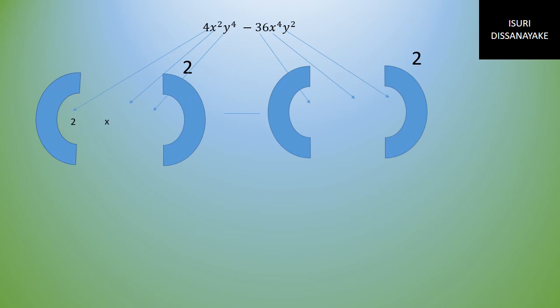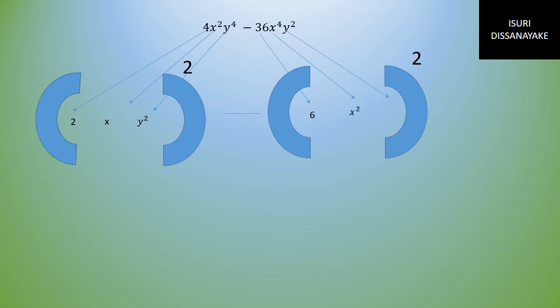So here I have 2xy squared. You can see it's y to the power 4. Out of power 4 I will put power 2 in. So 2 times 2 you will get this power 4. We know in indices you multiply the power within the bracket and the power outside.